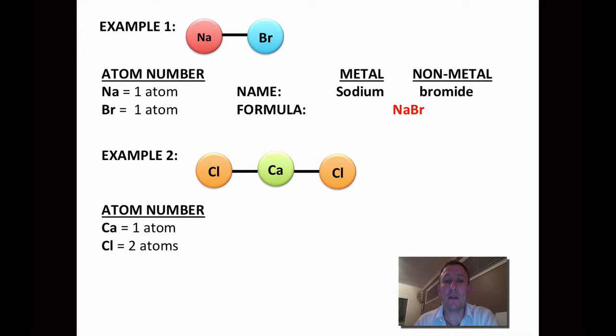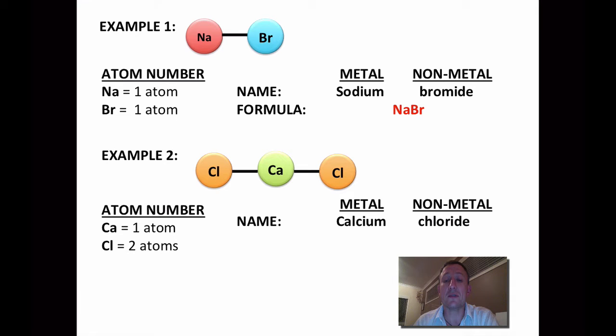Now when we name the formula, let's put it together. We put the metal first, followed by the non-metal with its suffix alongside. So the metal in this case is calcium, and the non-metal with its suffix is chlorine, which is changed to chloride. When we write the formula, we write the metal first. The chemical symbol for calcium is Ca, followed by the chemical symbol for chloride, which is Cl.